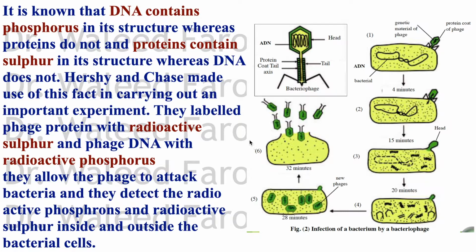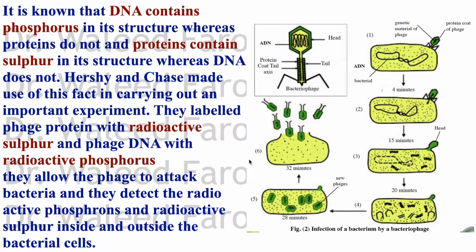To get another evidence, how about marking the constituents of the different components, DNA and proteins? DNA contains phosphorus, but proteins do not contain phosphorus. Proteins contain sulfur, but DNA does not contain sulfur.